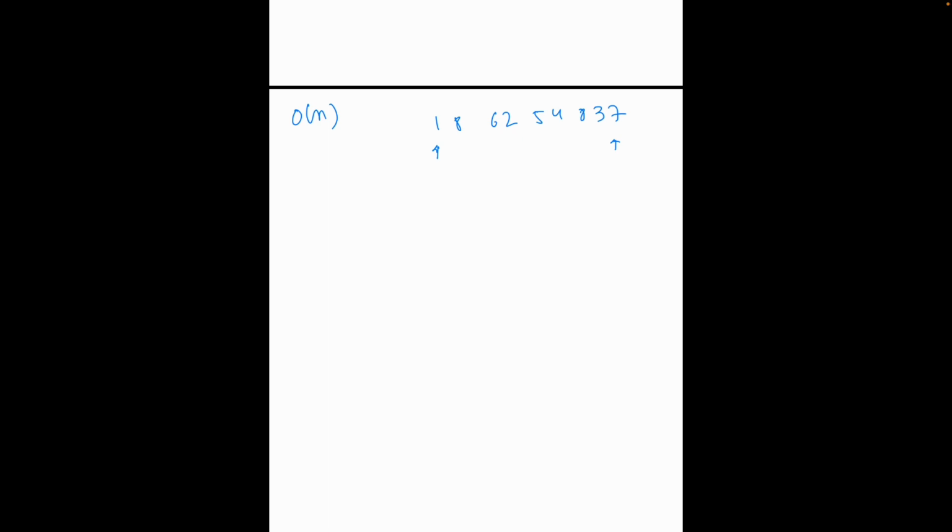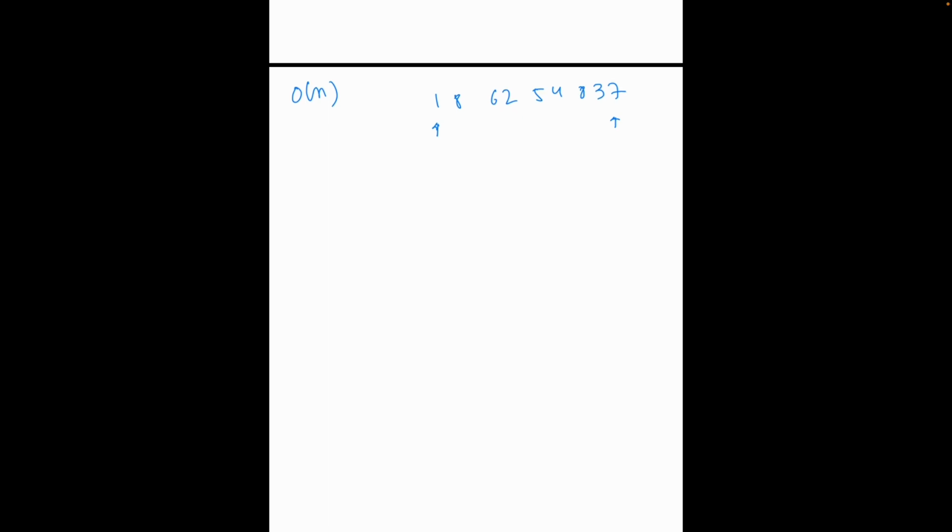Now this becomes a mathematical question here. Area is equal to, let's say, breadth multiplied by height. Now at every point, the height is always minimized by the smaller building.